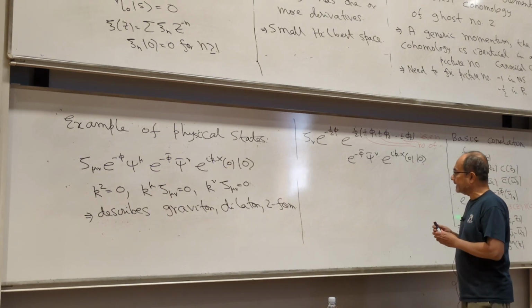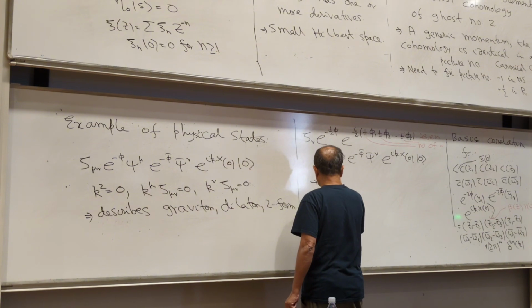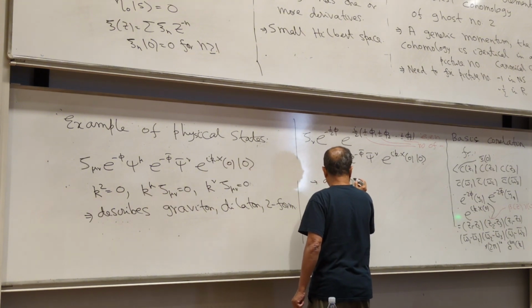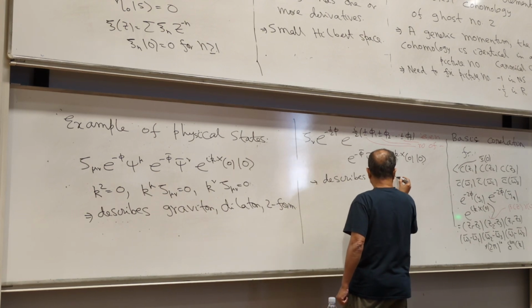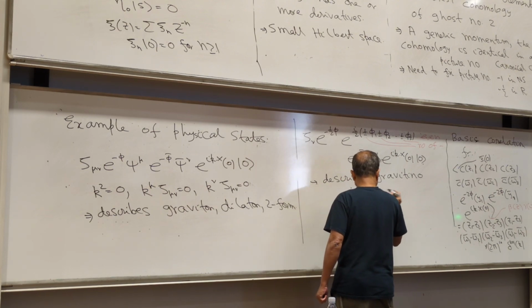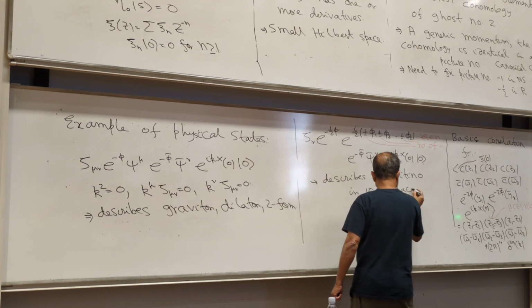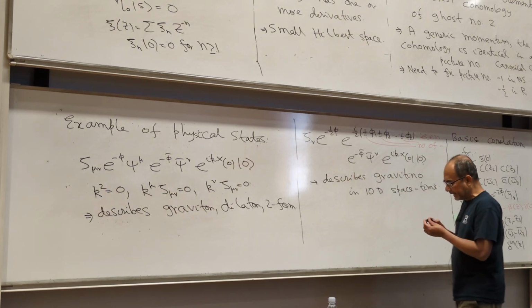Okay. This describes the gravitino in space-time. So the gravitino is supposed to have one vector index and one spinor index, right?